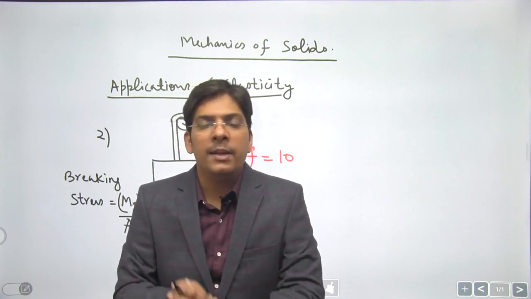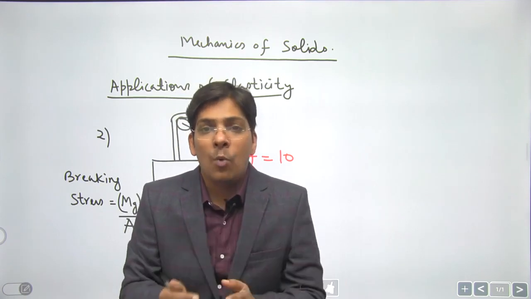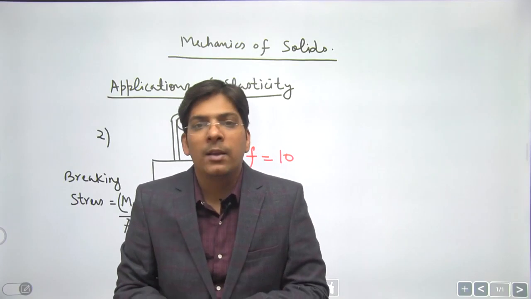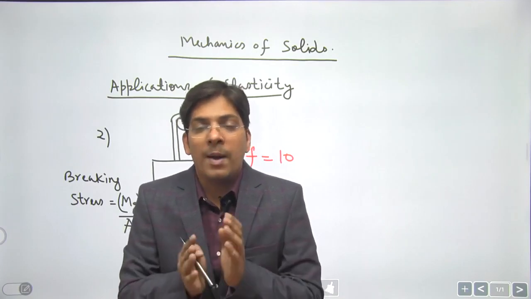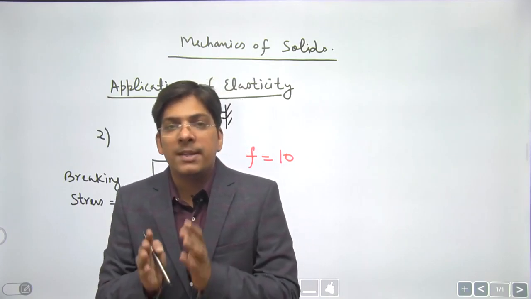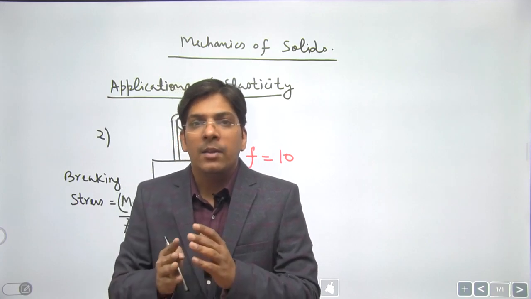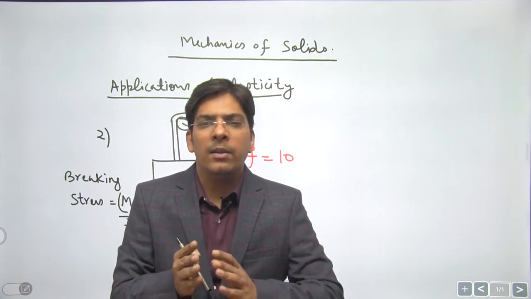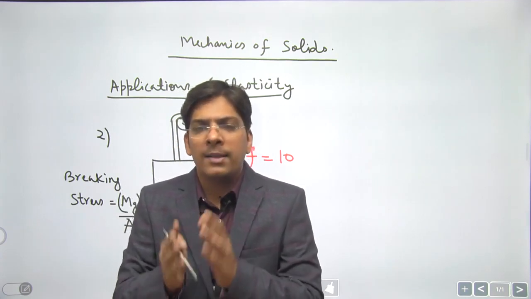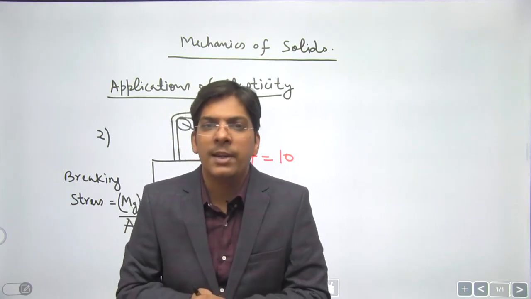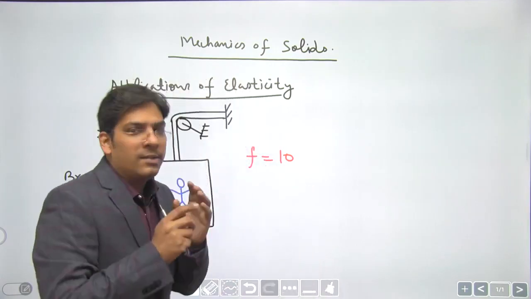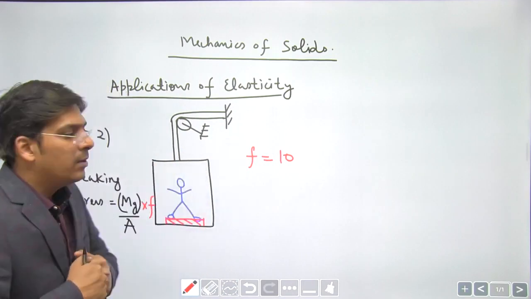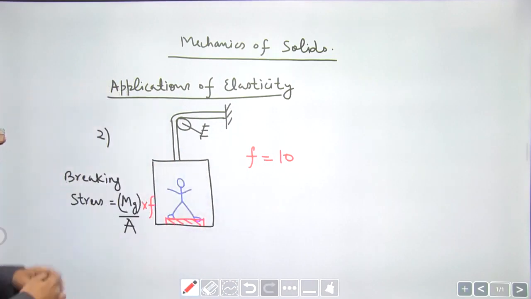Actually, it is planned in such a way that the rope is going to break at 7000 kg, and we don't expect 100 persons of mass 70 kg to be present inside the lift, right, dear students? So when they say 700 kg, it is going to break at 7000 kg, right? So this is the factor of safety.